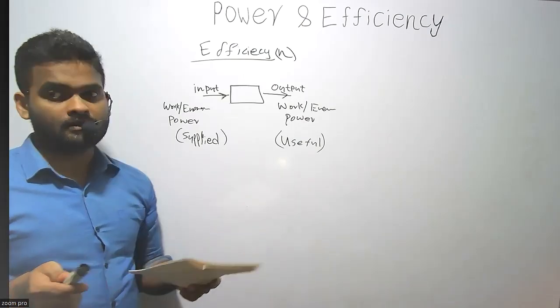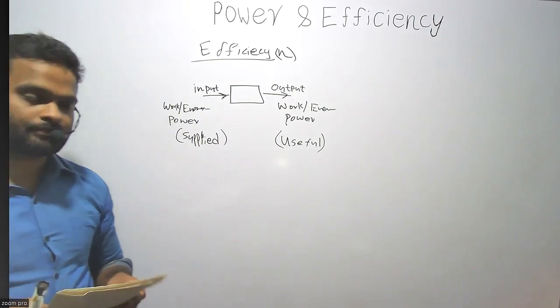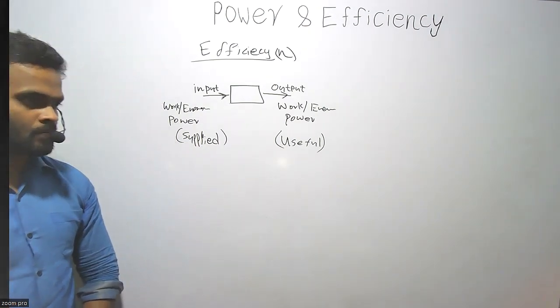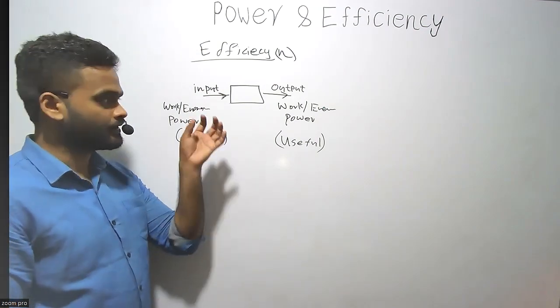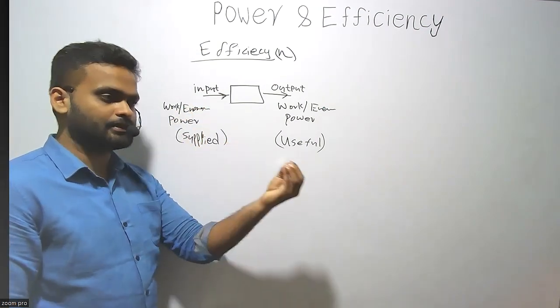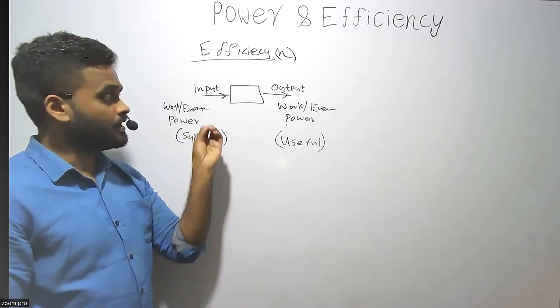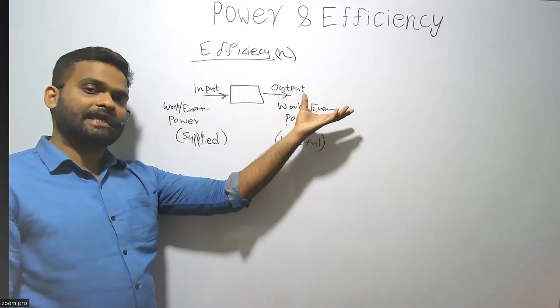I'll use another scenario. For example, let's say you have an electric heater, right? Using an electric heater, what you need is heat. You only need heat. So when you provide electric energy, the output is just heat.